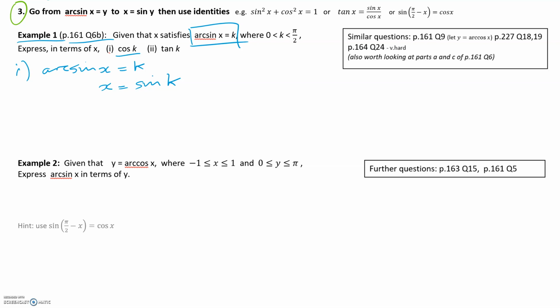Now we want to find a way of going from sine to cos, and you're probably very familiar with using that, which is going to help us out here.